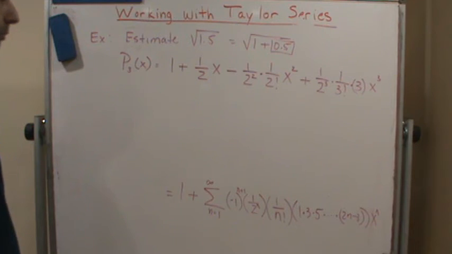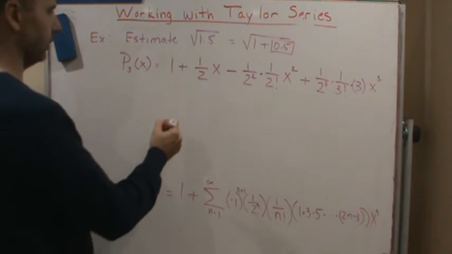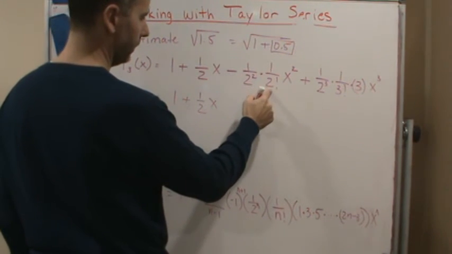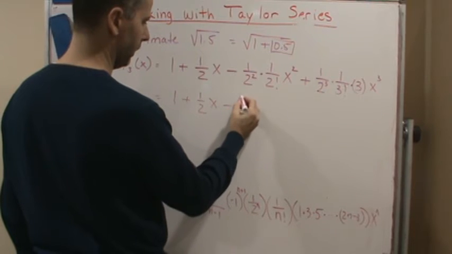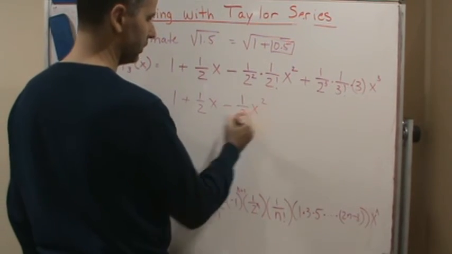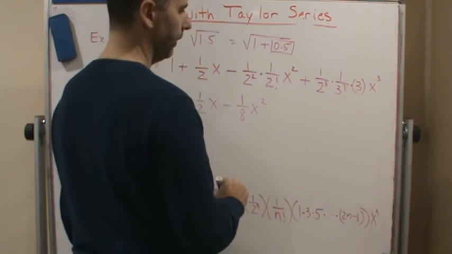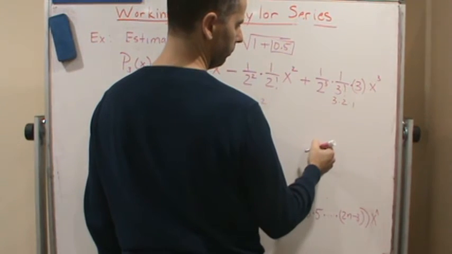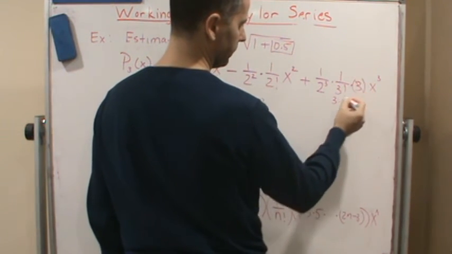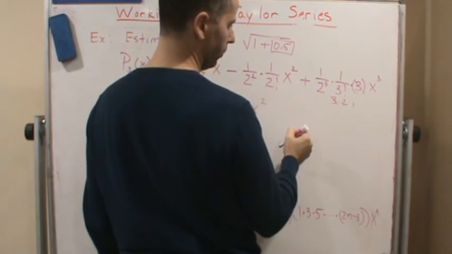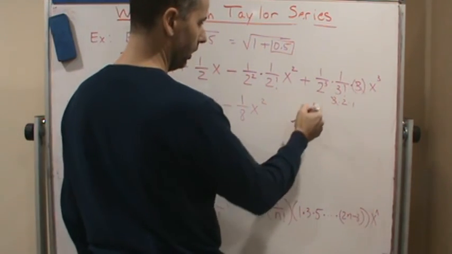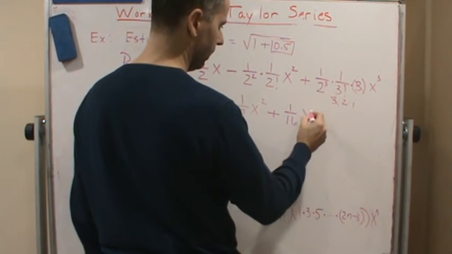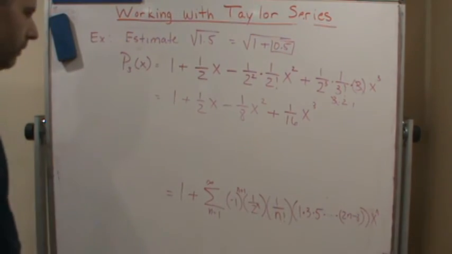Okay, so that's what we have. So this becomes 1 plus 1 half x. This is just going to be minus 1/8 x squared. And then this is 3 times 2 times 1, so this 3 is going to cancel with this 3. So again, I get 1 over 2, so this is going to be 1/16. So plus 1/16 x cubed. Okay, there we go.